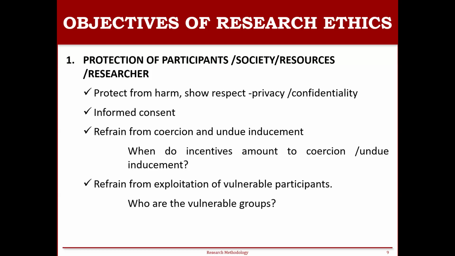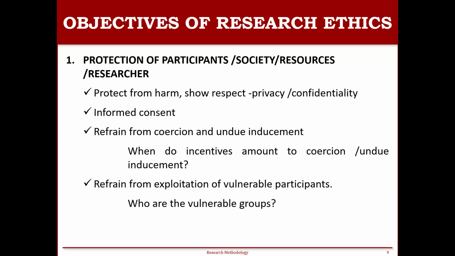Maybe the resources like the money, the time and the data you use, right? This is not only about the person. You should think about the resources you are using. You have to protect them, right? First of all, what we have to do is protect our participants from any harm that can happen throughout our study, right?